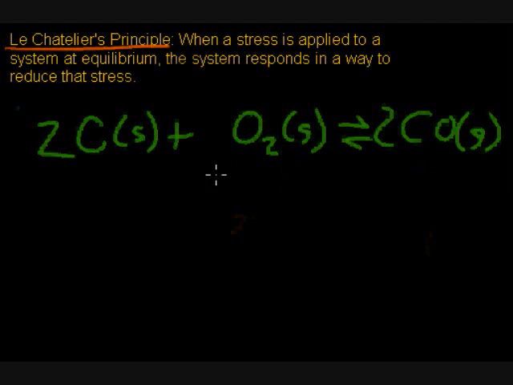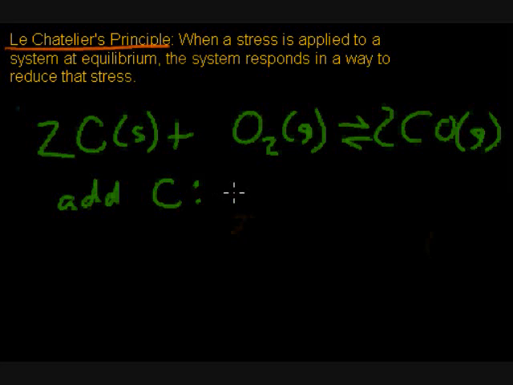And so in this reaction, you have 2 moles of carbon solid reacting with 1 mole of oxygen gas to produce 2 moles of carbon monoxide gas. And so the tricky question is, what if we add some more carbon? What would happen to the equilibrium? Would it shift left? Would it shift right? Or would it shift not at all?